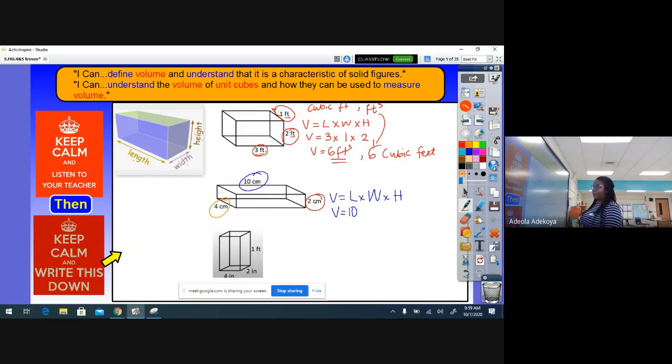It's really important to pay attention to the units in which the object is being measured. My length is 10, my width, how wide, is 4, and my height, how high, is 2.